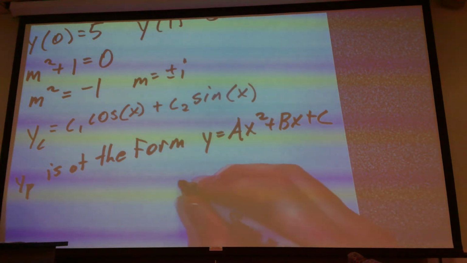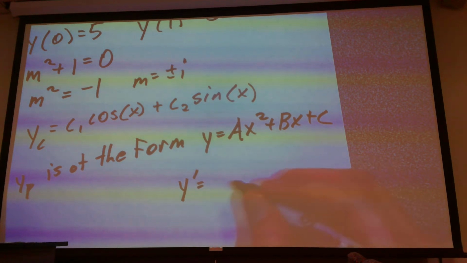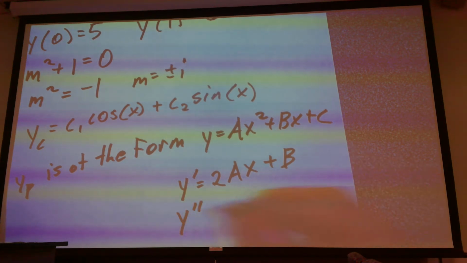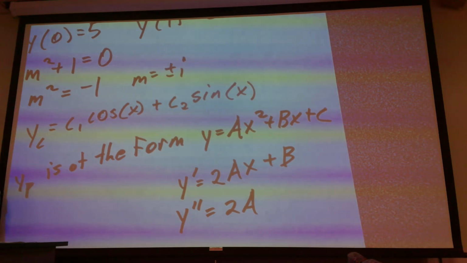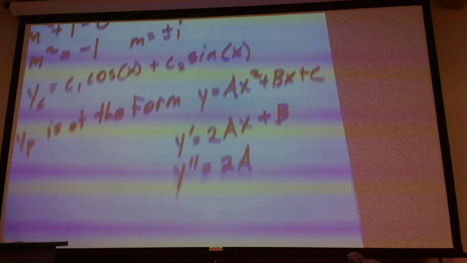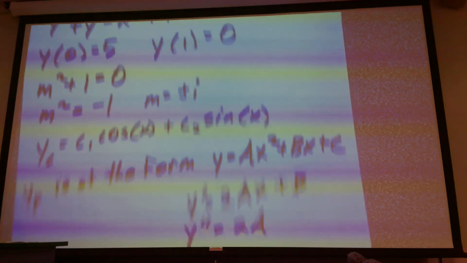That means that y prime is 2ax plus b, and y double prime is just 2a. So let's take those quantities and plug them back into the differential equation that we were dealing with at the beginning.